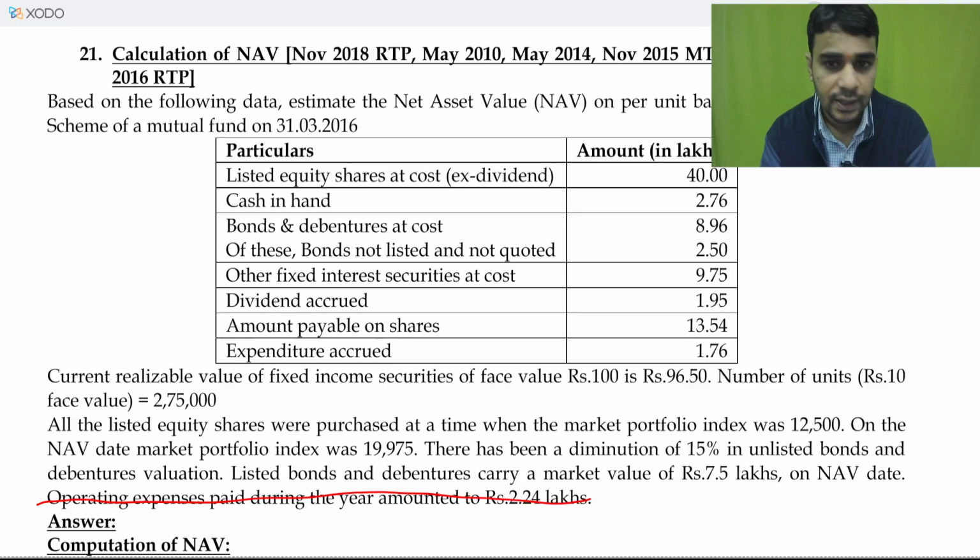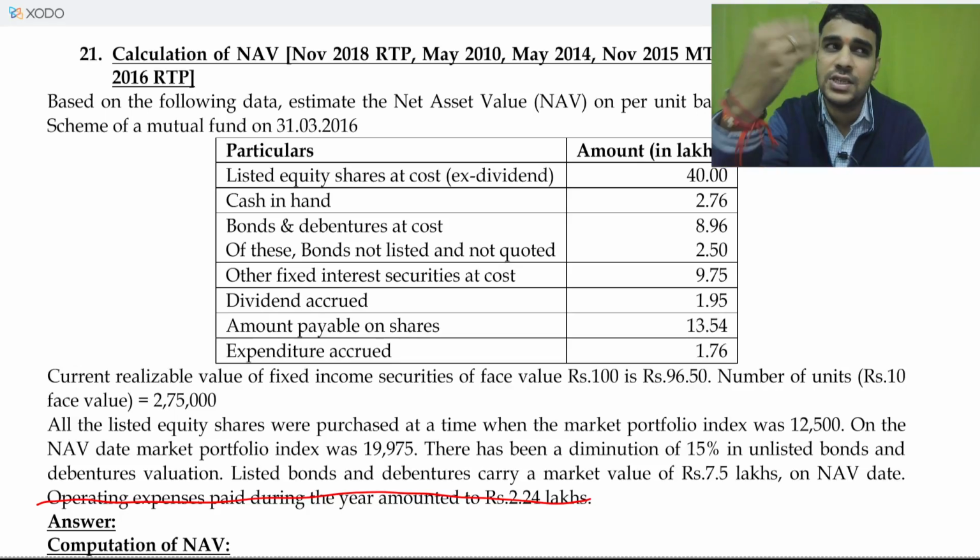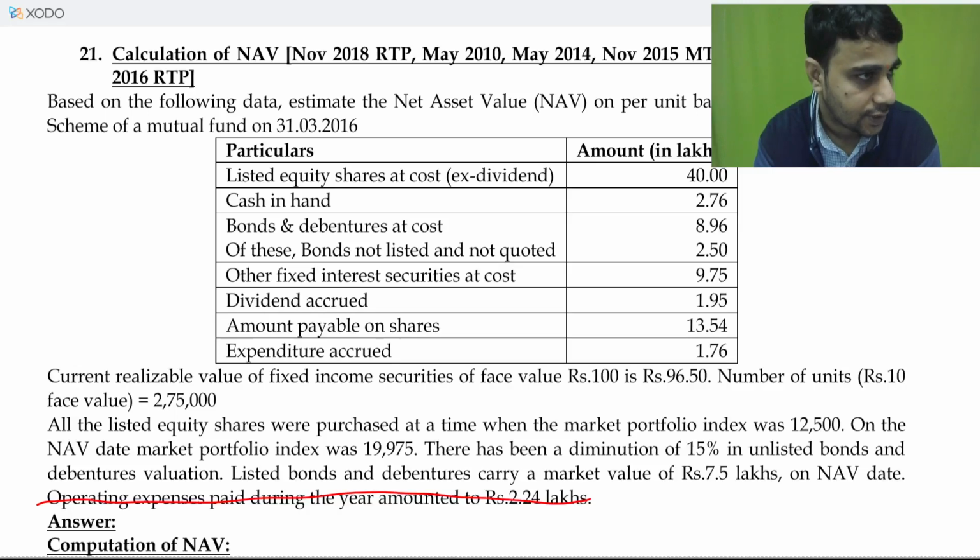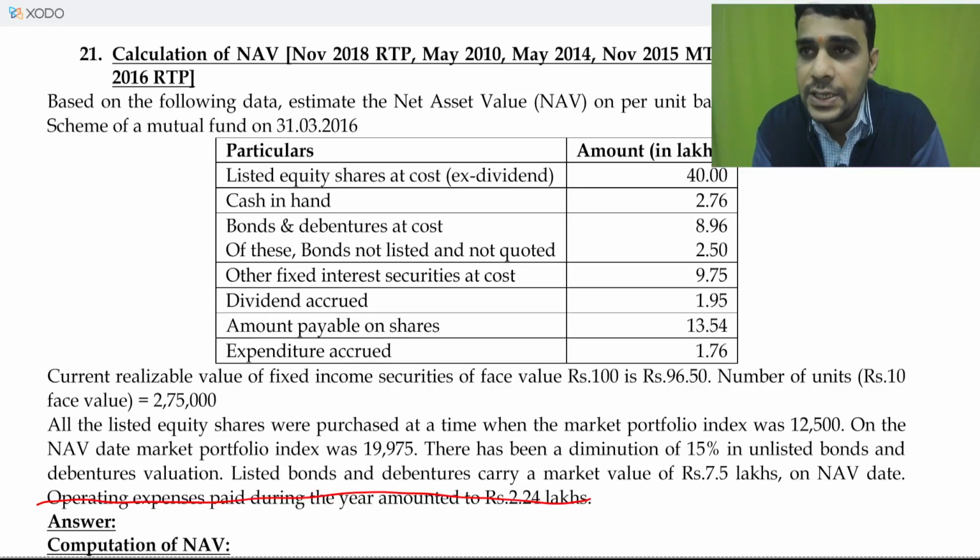I think cash in hand of 5 lakh was given in the question. They changed this question because ICAI maybe felt that it's not very logical to just consider one item and calculate the closing cash. So they had given the opening cash, deduct expenses paid, closing cash, which is not a very logical way to complete the solution.